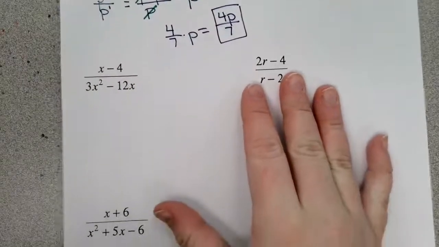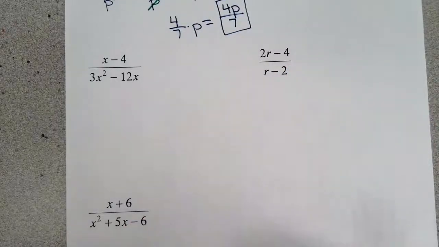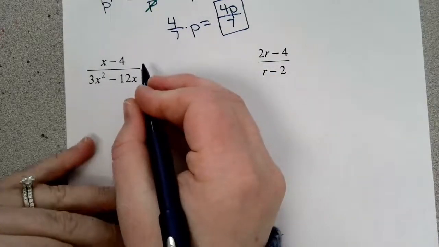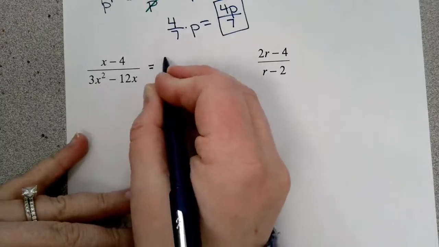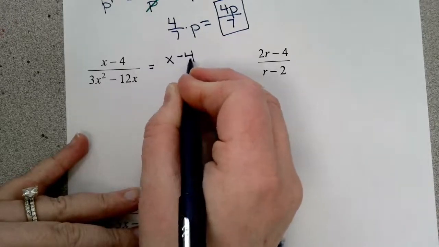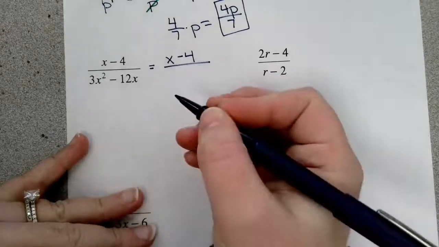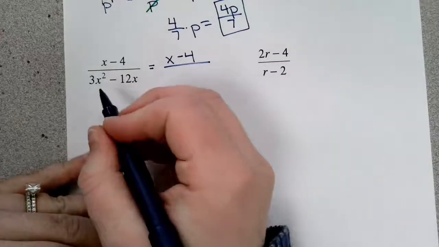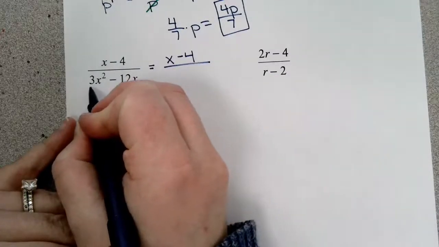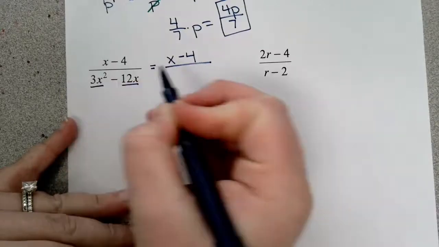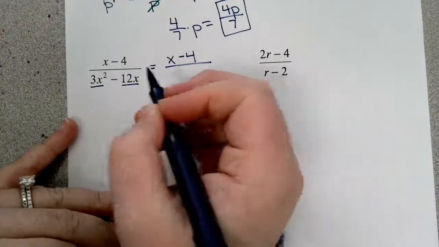Alright, we're also going to use greatest common factors and factoring techniques when we are simplifying rational expressions. So we look at our first example, and my numerator is already simplified. So that's going to say x minus 4. I can't factor that. I can't take anything out. X minus 4. My denominator here, I can find the greatest common factor between those two.